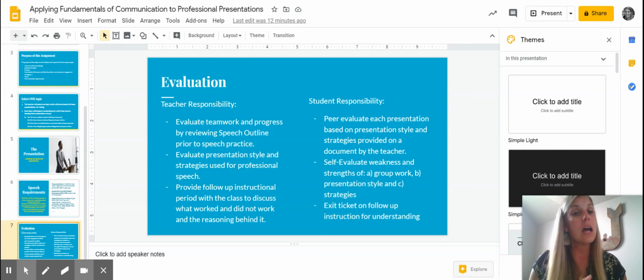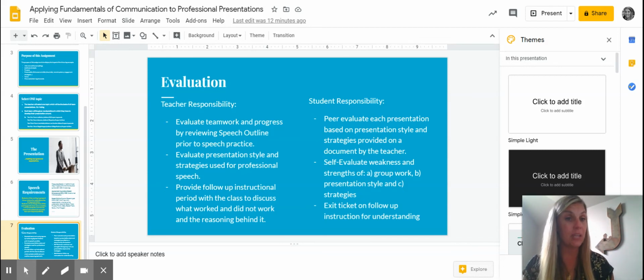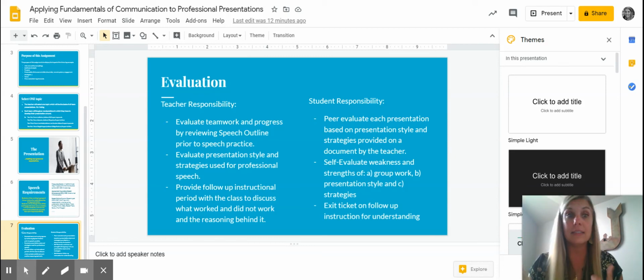And last, there needs to be a follow-up instructional period after all the presentations to talk about what worked and what didn't work and why, and maybe even to identify some of the strategies that people came up with and say, hey, this is card stacking, and they really wanted you to see that.